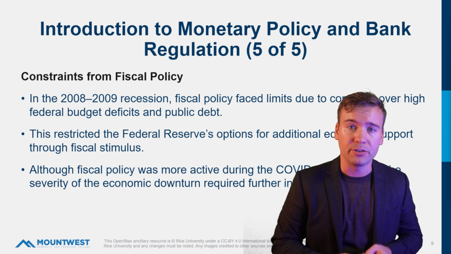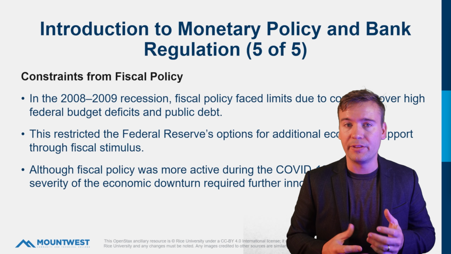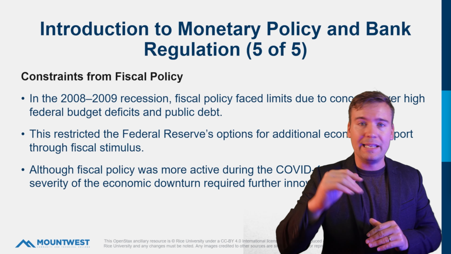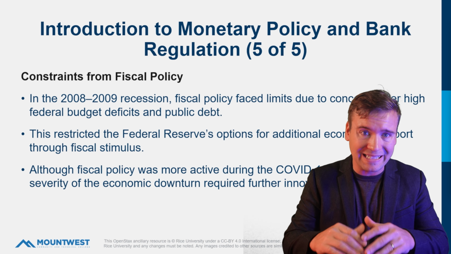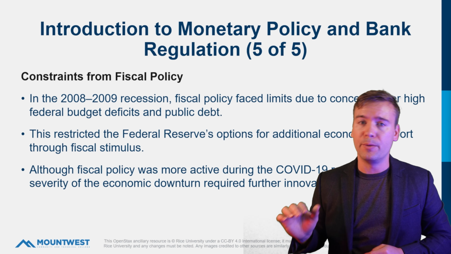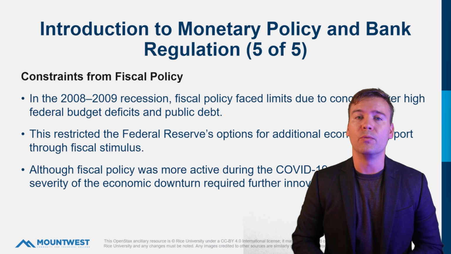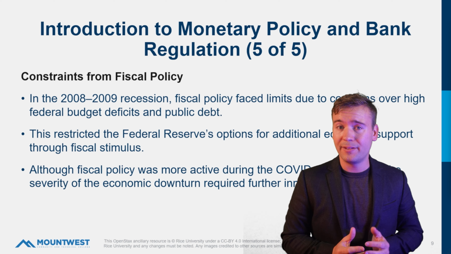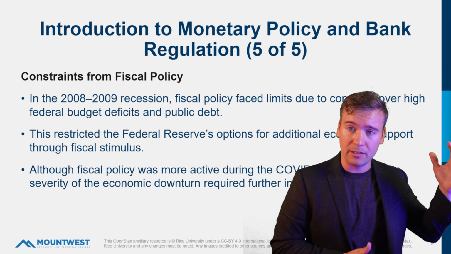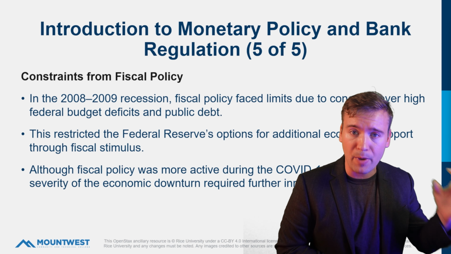And policymakers, Congress, were hesitant to start just pumping more money into the economy through government spending. The more the government spends, the more debt that they have to take on. And they didn't want to do that. And so that kind of restricted the Fed's options, the Fed being the central bank over top of monetary policy.